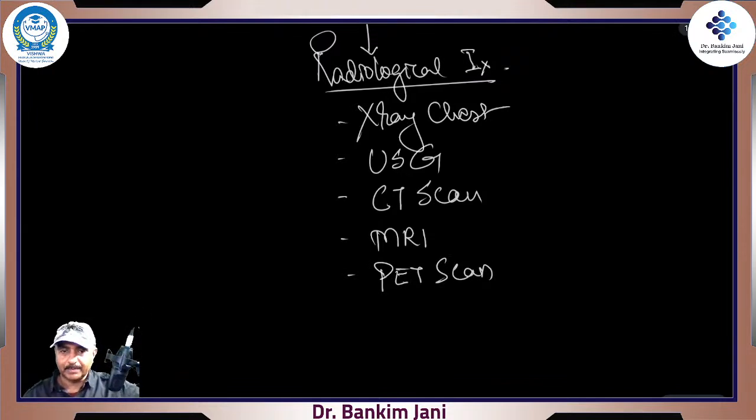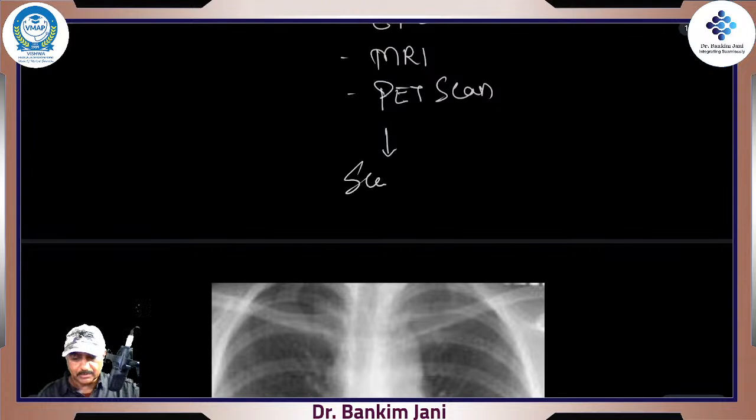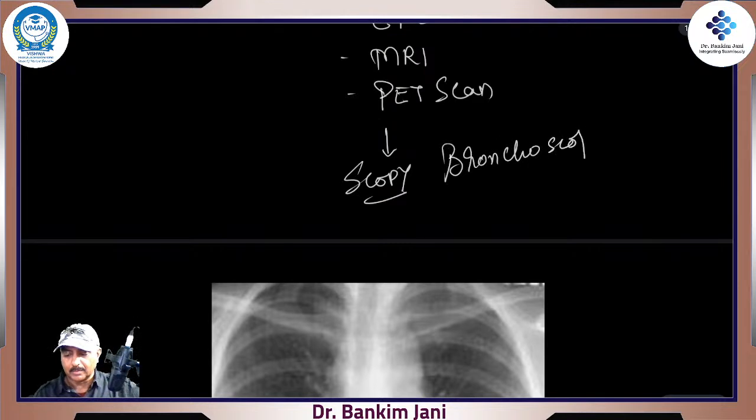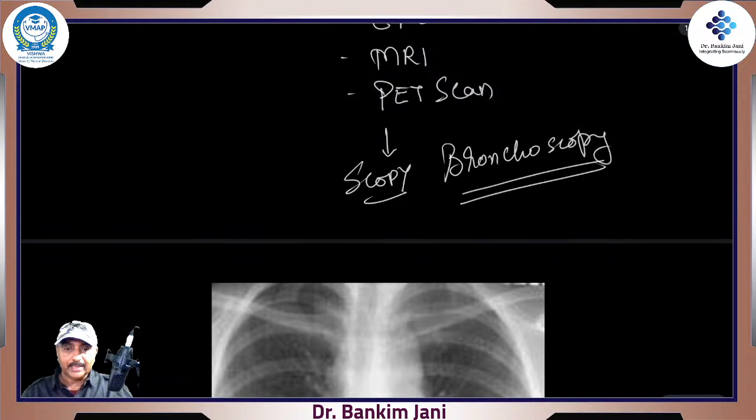All those things can be done. After that, you can even go for scopies, that is bronchoscopy or thoracoscopy, etc. All those scopies can be done, but they are invasive. So that's how we proceed, right?